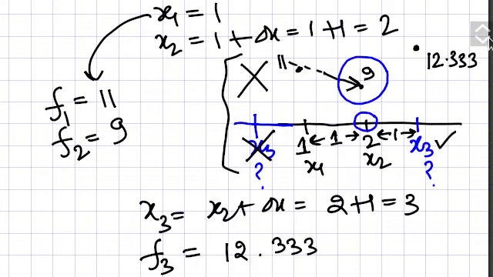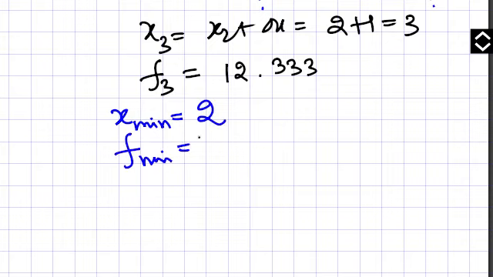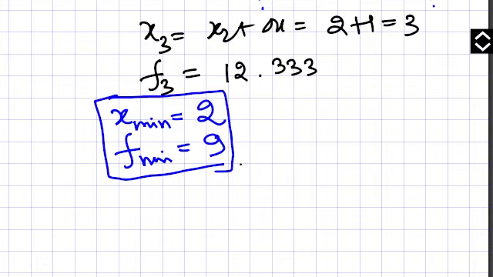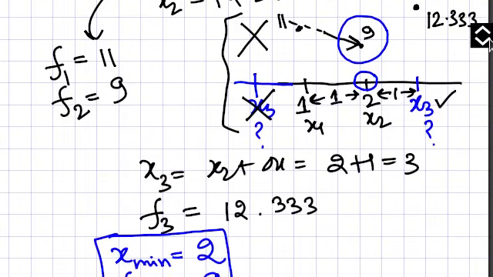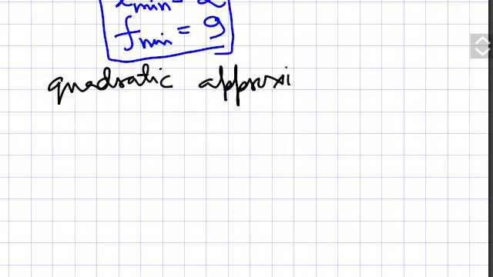So you write it like this: x minimum is equal to 2 and f minimum is equal to 9. So in the first iteration you have to decide which is the minimum point, and after that you will apply the quadratic approximation on these points.